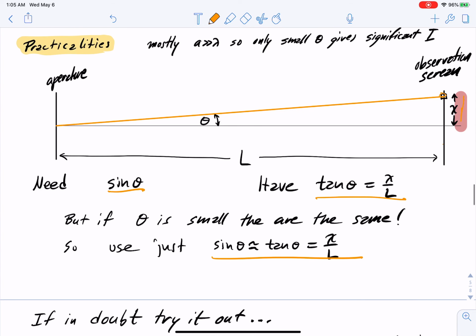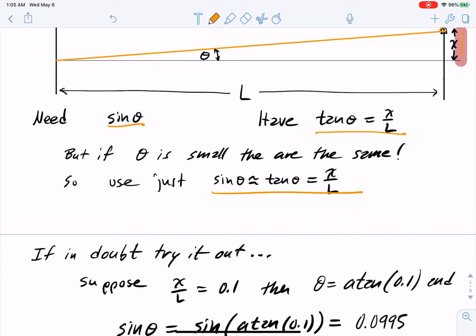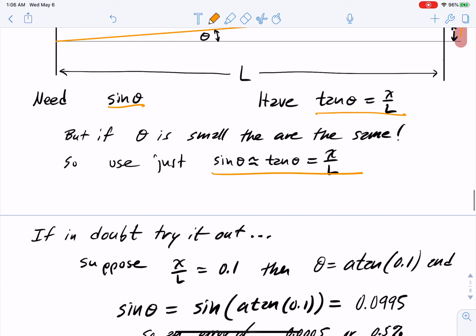If you're in doubt at all, just try it out. So suppose x over L was a tenth. So x is 10 centimeters and L is a meter. Then to calculate the angle, we take the inverse tangent of a tenth, because we know the tangent is x over L. And then to get the sine, we take the sine of that inverse tangent.